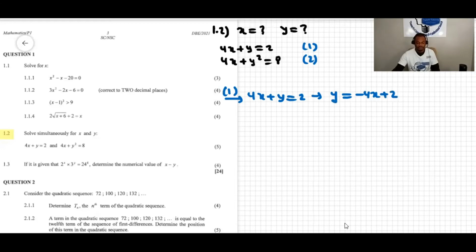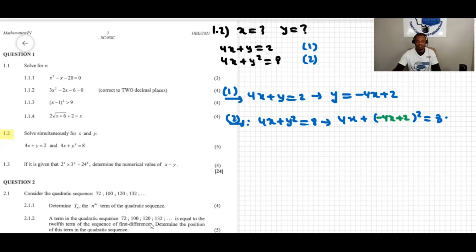Then equation 2, which is given by 4x plus y squared equal to 8, will become 4x plus y squared minus 8 equal to 0, if we move the 8 over. I will substitute the value of y by negative 4x plus 2.